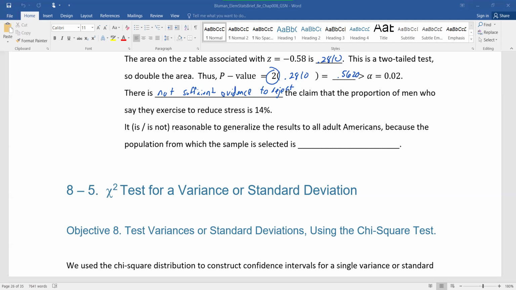Right. So we don't have enough evidence to support rejecting the claim.